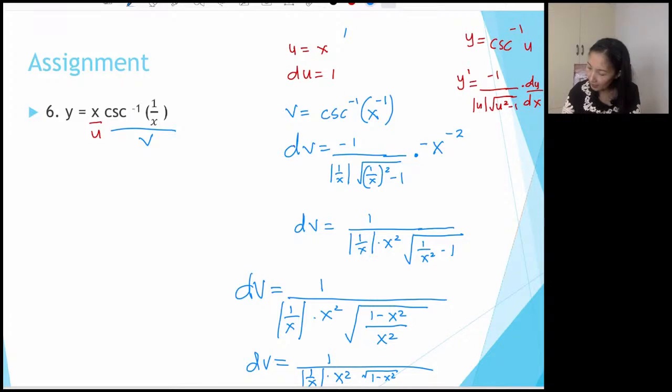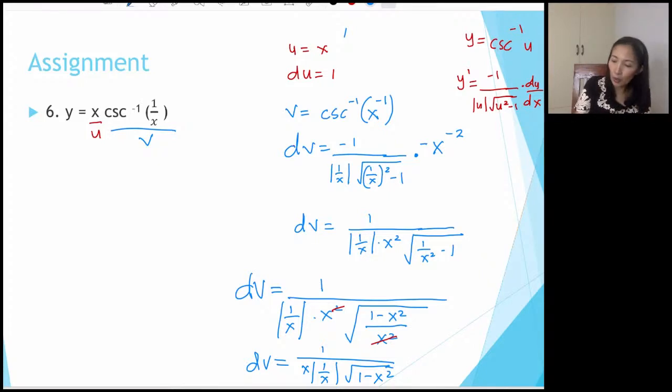This one will cancel out, this with this. I hope you can follow. So that your dv will now be simply 1 over the absolute value of 1 over x times the square root of 1 minus x squared.